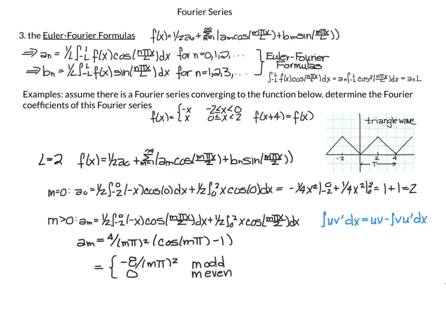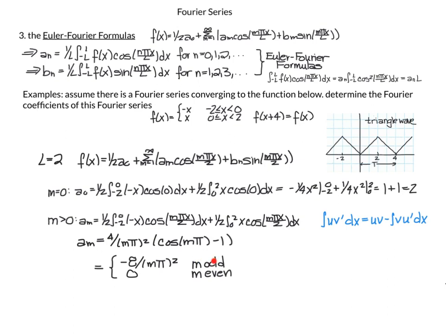So just to recap what we have, our general form of f of x here. We solved for m equals 0, and we found that a naught was equal to 2. When we solved for m greater than 0, we found that a of m is equal to 4 over m pi squared times cosine of m pi minus 1.